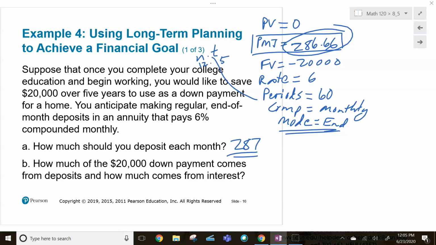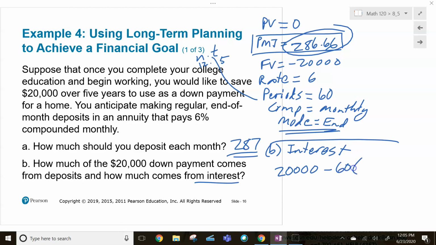All right, so how much of this was free money? How much of this was purely interest, right? So, part B here, our interest. Let's say we end up with $20,000, and I know it'd be a little bit more than that, but we actually put in 287 instead of 286.66, and we make 60 payments of 287.